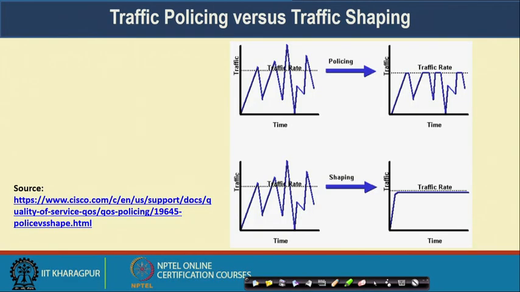What we have seen is that in traffic policing, you just look at the peaks which are violating the required quality of service, and if they are violating, you simply cut them out and drop those packets.